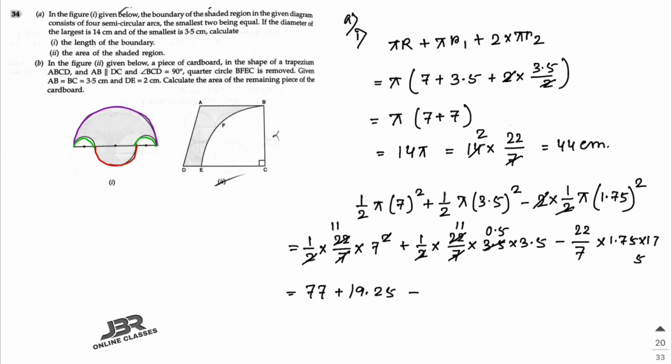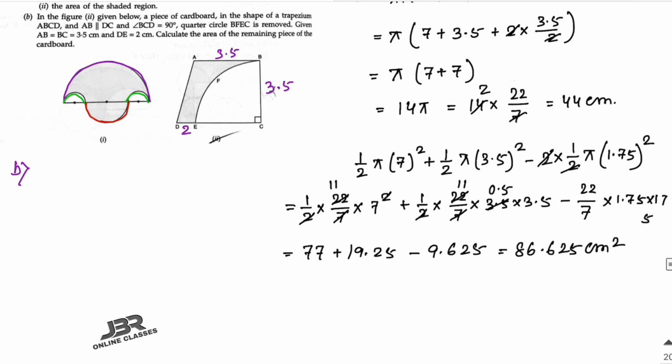And the next one, 1.75 into 1.75, then if you divide it by 7 and then multiply with 2, it becomes 9.625. Okay, 9.625. So finally your answer here 86.625 centimeter square.